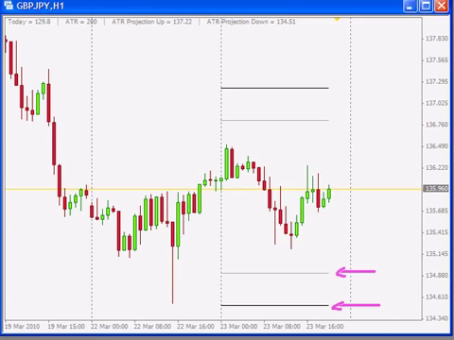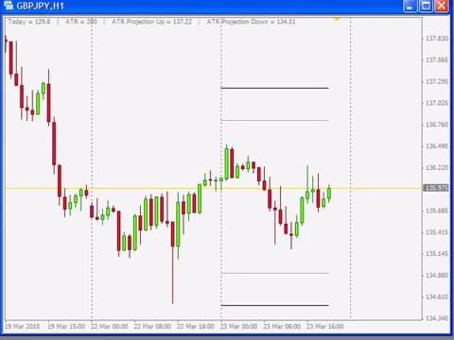My recommendation is always to be conservative with your targets. On the other hand, if your system signals a buy entry, this is the area you would be shooting for, again depending on whether you are conservative or aggressive.